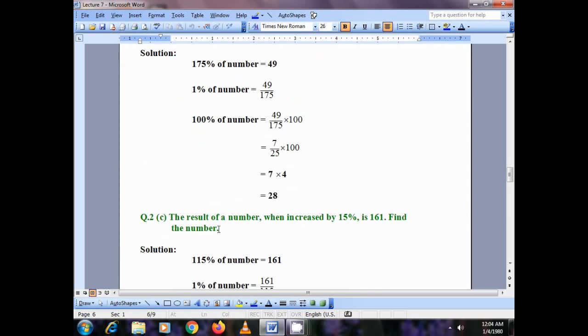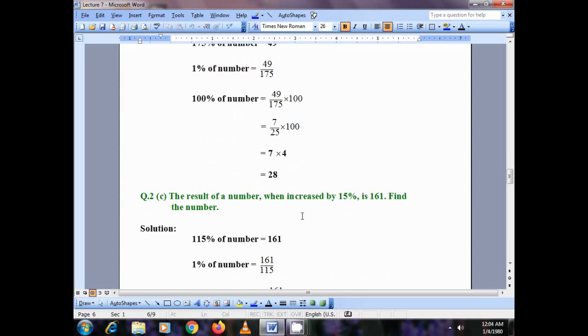Third part of this question, the result of a number when increased by 15% is 161. Find the number. Now once again it is given as increased, which means we will add this 15% to 100, which means it will become 115%.